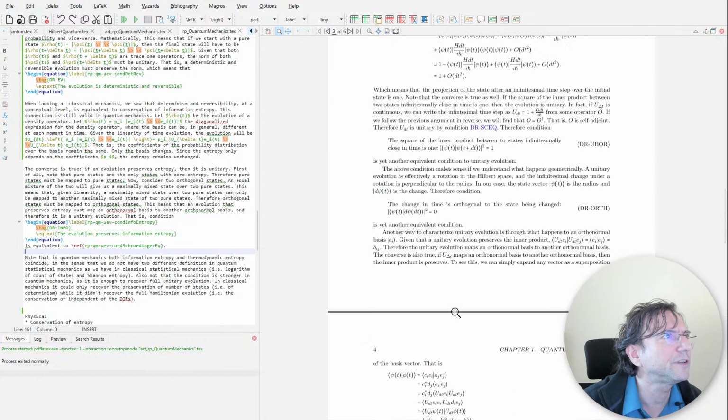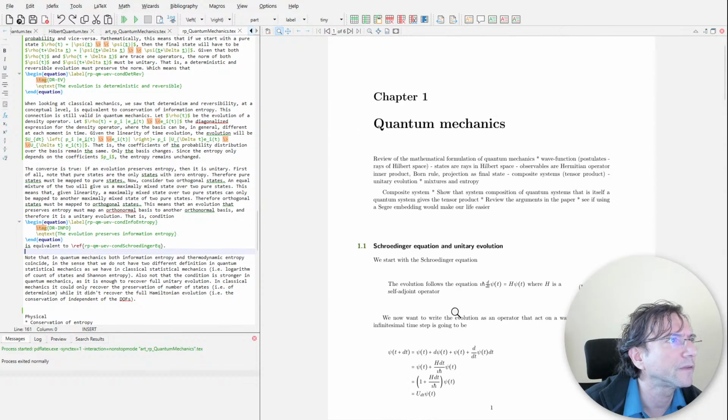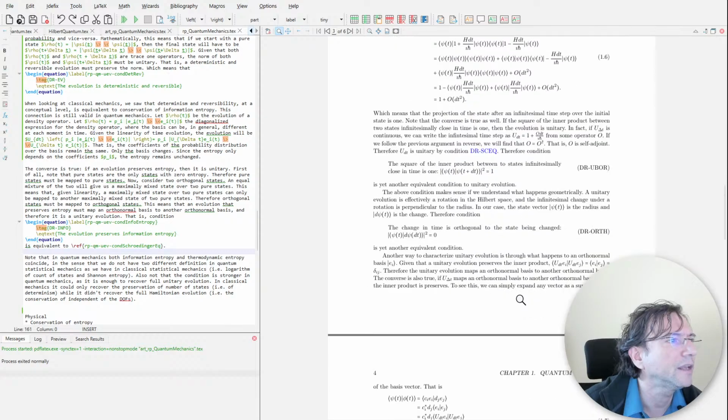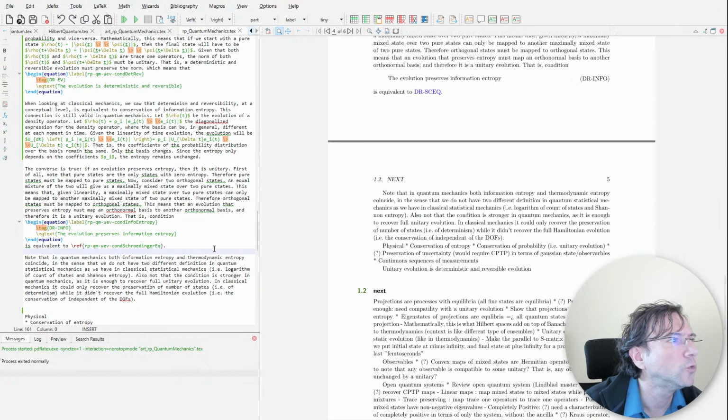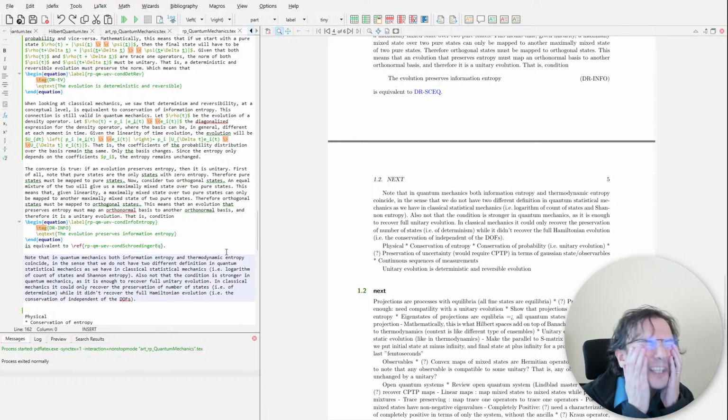Will we have talked about the inner product before this or not? Projection we're going to talk about later, so I can't make that argument so well right now. I can't say that it's a quasi-static evolution if I didn't say that.